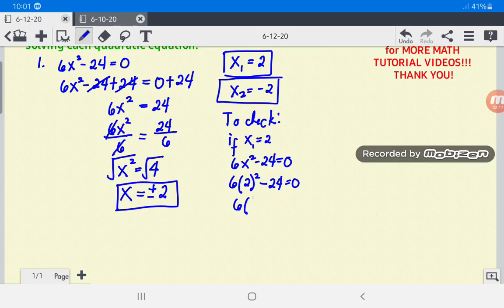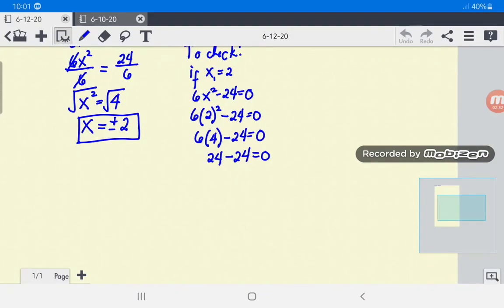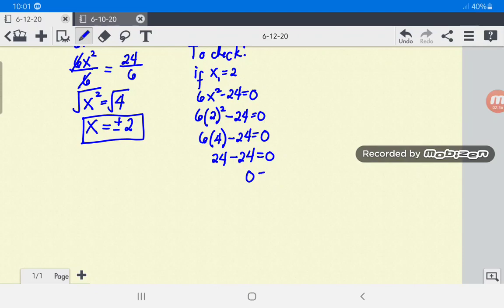So we have 6 times 2 squared, that is 4, then minus 24 equals 0. So 6 times 4, that is 24, minus 24 equals 0. Then we have 24 minus 24, that is 0, equals 0.